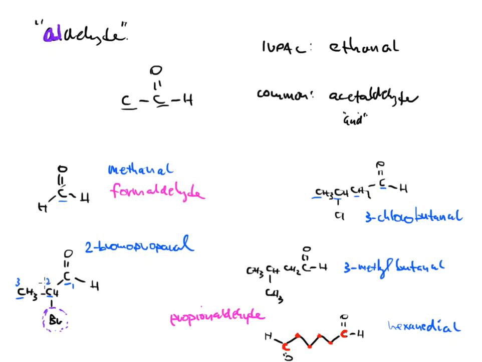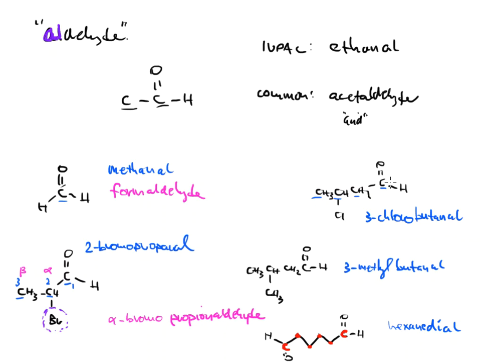Well, we don't use the 2, because 2 is really for IUPAC, not for common. Instead, this is where we use the Greek alphabet. Remember, this carbon in common nomenclature doesn't count. That is the word aldehyde right there. So this is my alpha carbon, and this is my beta carbon. So this is going to be an alpha-bromopropionaldehyde. And that is the common name for that structure.